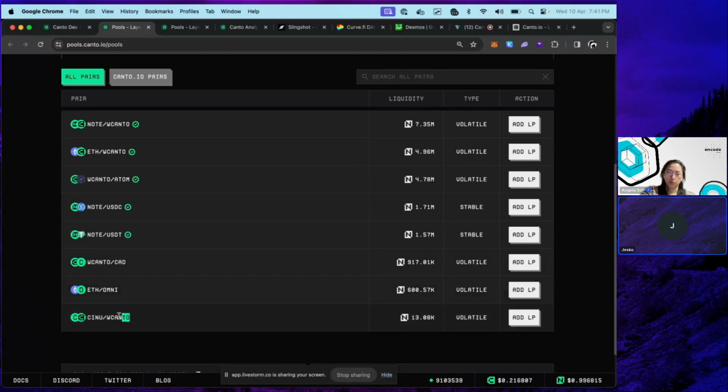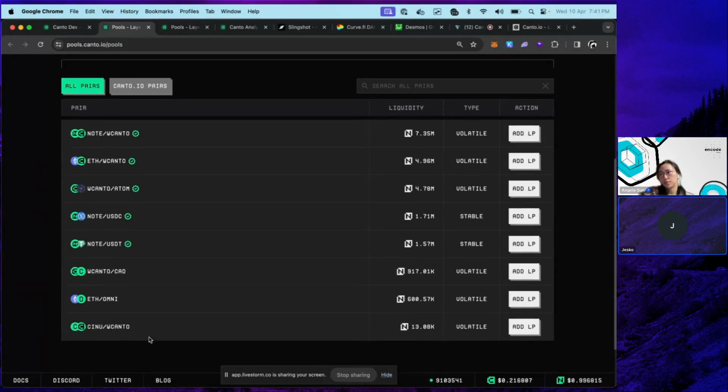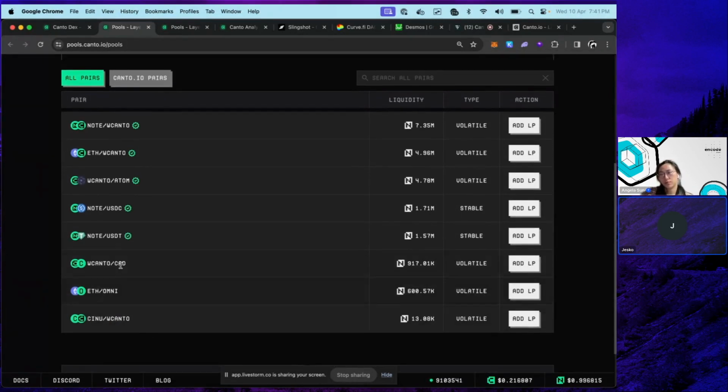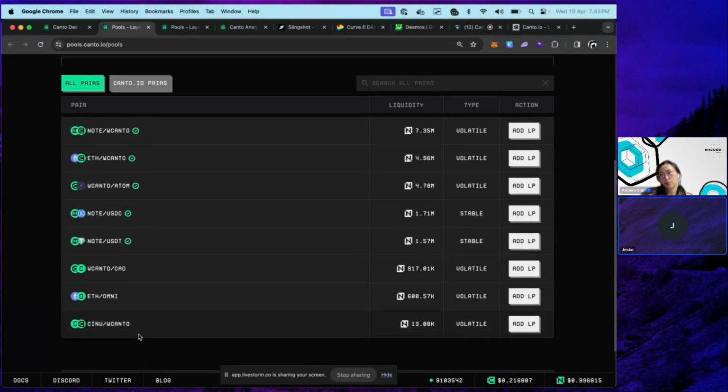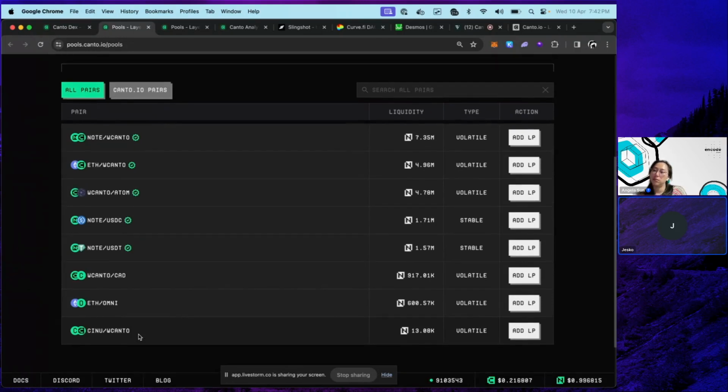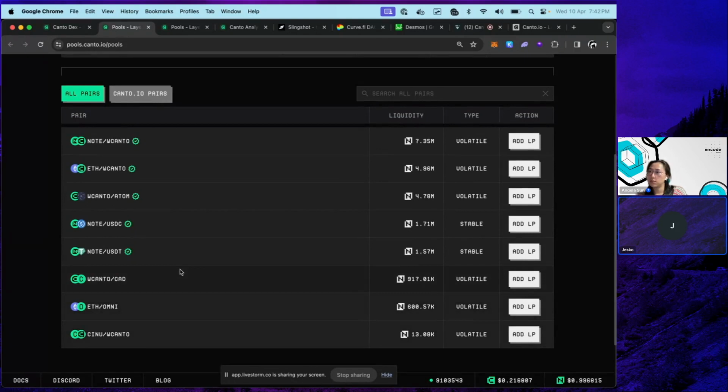And then, as we all remember, CNU from the OG days, the original meme coin on Canto. That also has decent liquidity on this Canto DEX, right? So these three pools were unrelated to the main Canto ecosystem or infrastructure, but later came on and were added to Canto DEX. And essentially, these three are some of the famous ones.